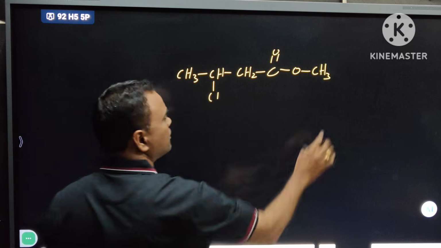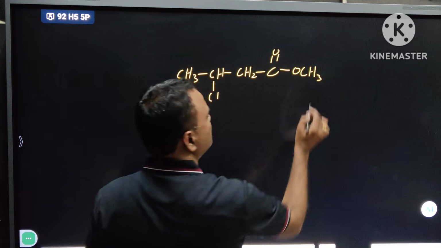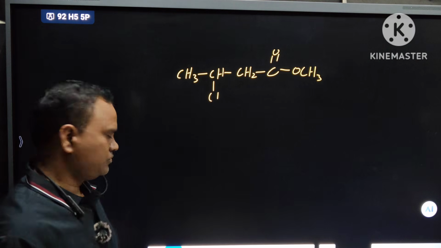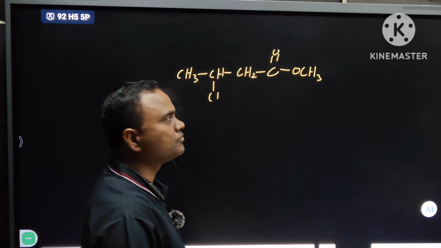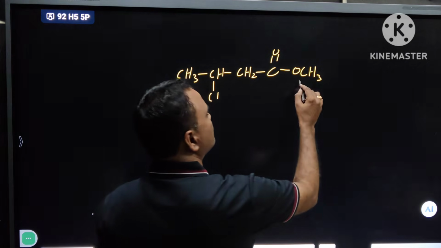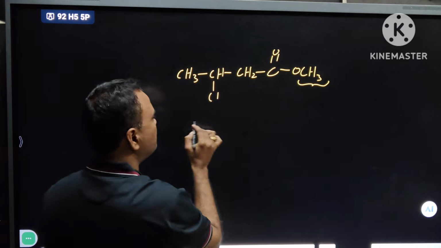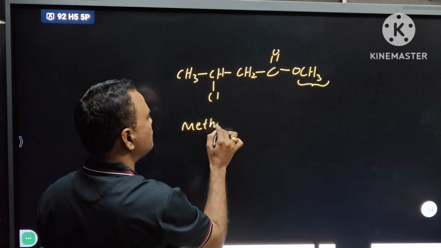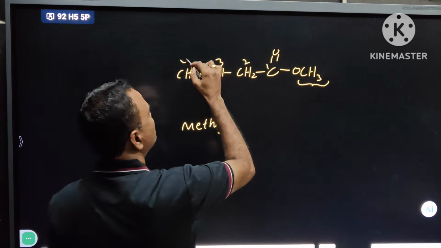Try this. You can write the bond or you can write directly. Both are same only. Tell me. Try. First rule is writing alkyl: methyl. That is the rule. Methyl. 1, 2, 3, 4.